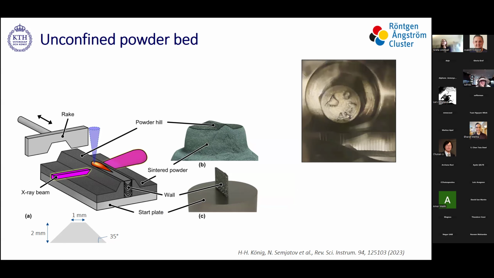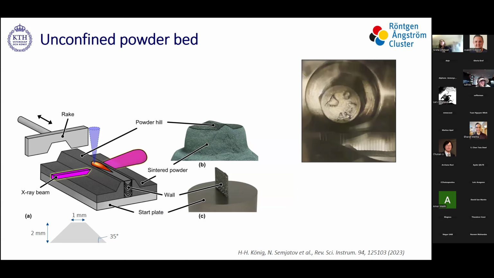For the laser side, I have also seen many times a sandwich kind of structure, where some material keeps the powder bed very thin, to allow for transmission mode X-ray studies.